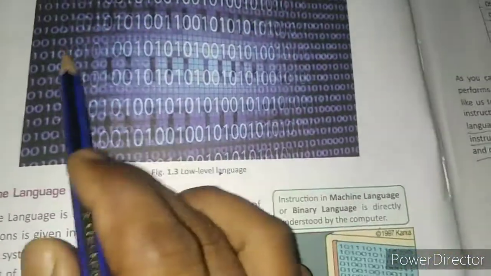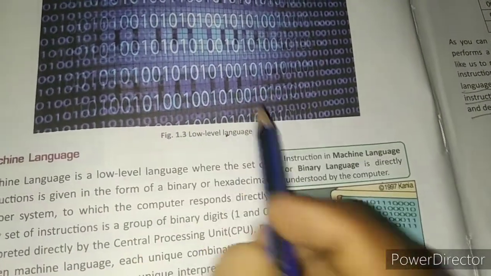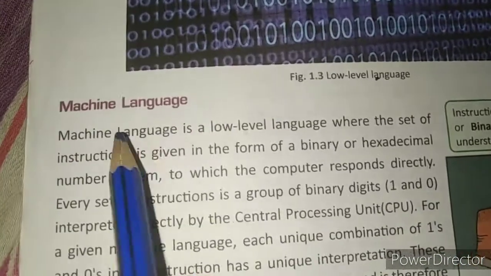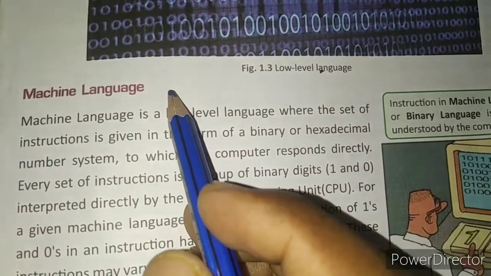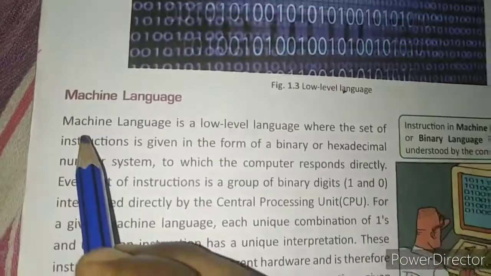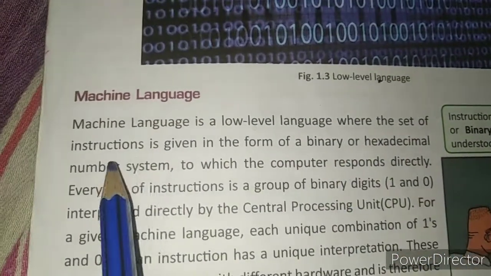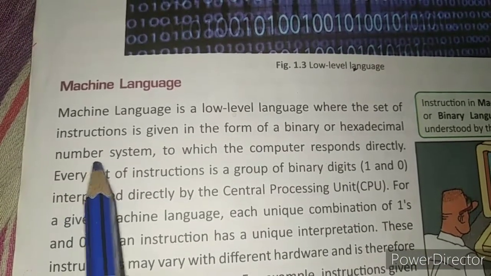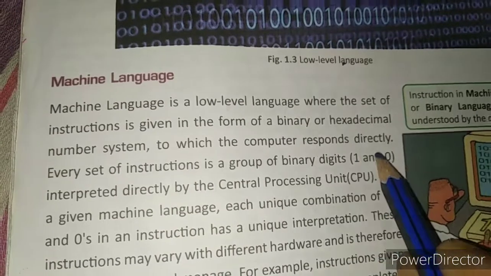Here you can see a program in machine language. This is the symbolic representation of low level language here. First of all we will discuss machine language. This is also known as binary language. Machine language is a low level language where the set of instructions is given in the form of binary or hexadecimal number system to which the computer responds directly.